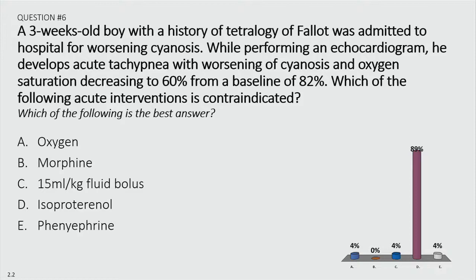The board is likely to ask you what is the best next step in a child with a tetralogy spell. The best next step usually means the thing you can get to quicker without having to puncture the child or do a procedure in the child.